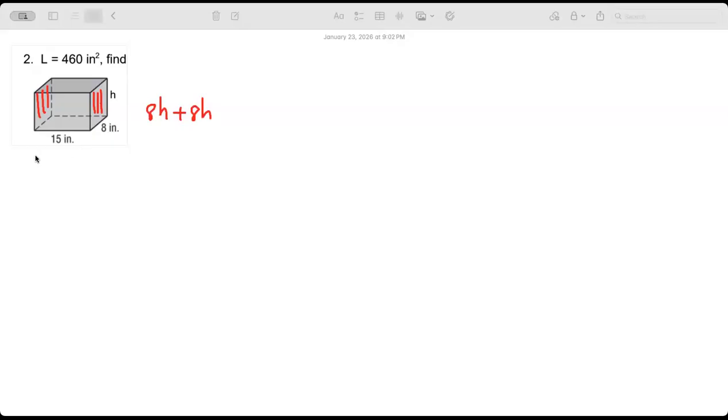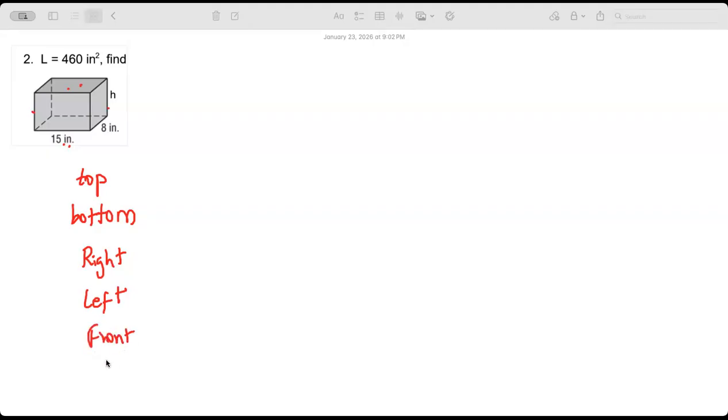For any prism, how many faces does it have? Top, bottom, right, left, front, back. Any questions, guys? They always exist in pairs. It's very easy. The area of all of these is the total surface area.